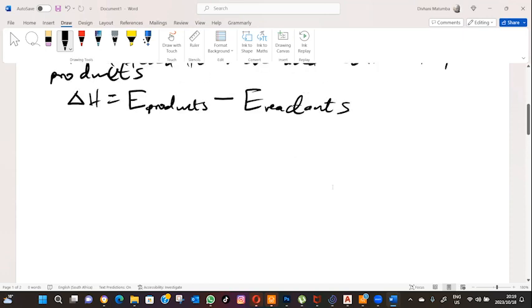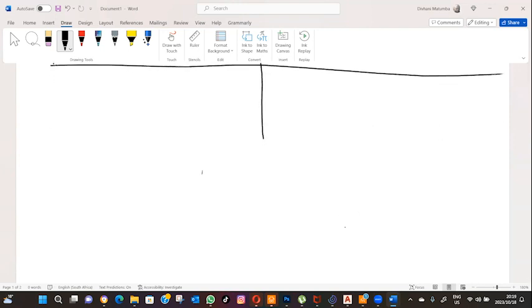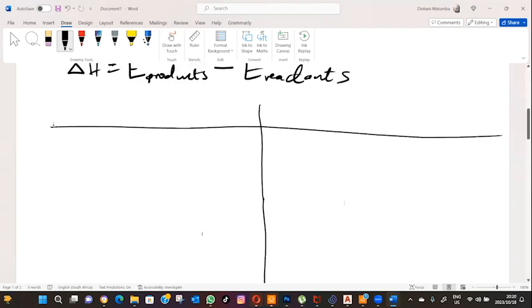Now, we have two types of reactions: endothermic and exothermic reactions. Endo means inside, and exo means outside. And thermic means temperature, like a thermometer, it has to do with temperature.